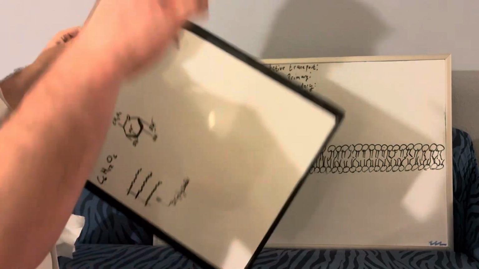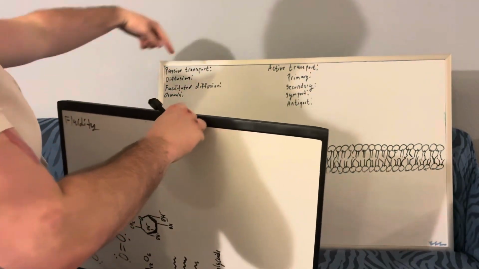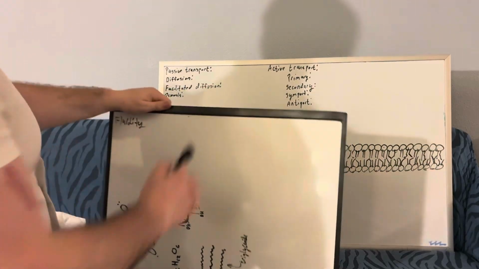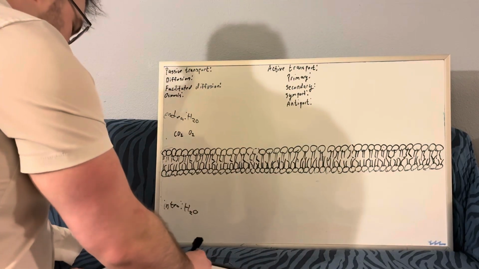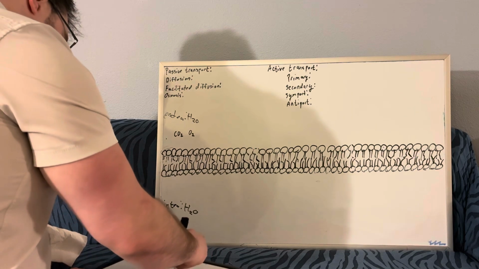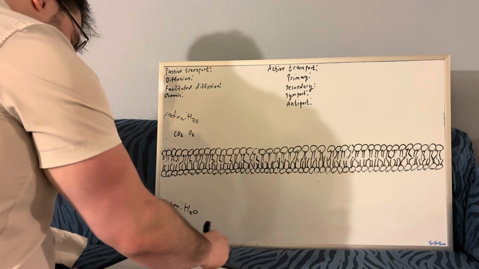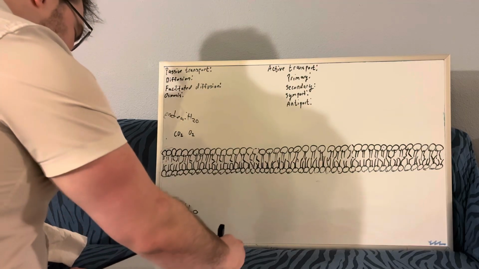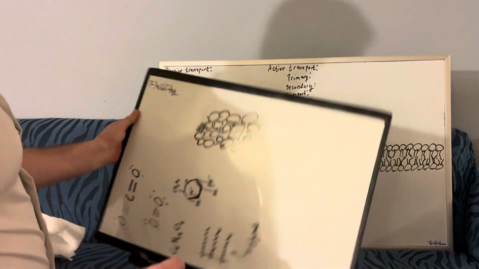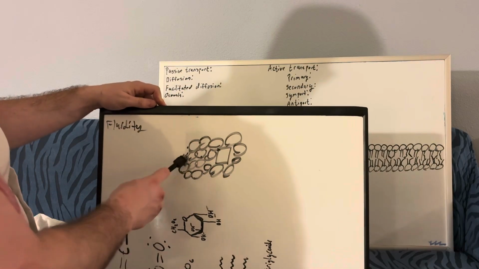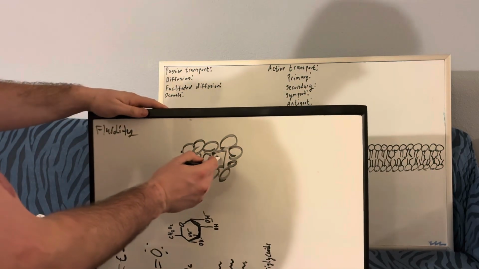If we look from the top down, you're going to see a bunch of hydrophilic heads, and some accessory structures like proteins.